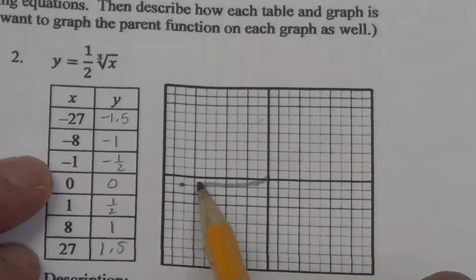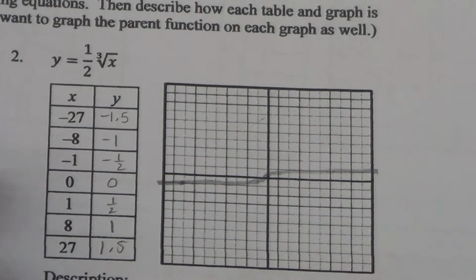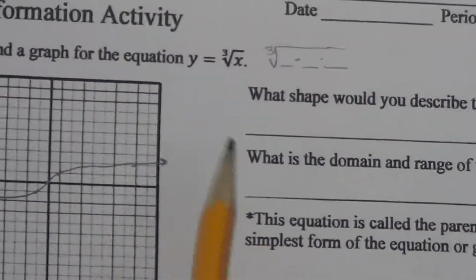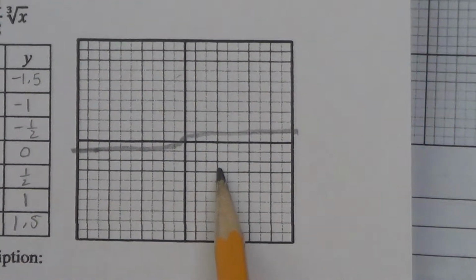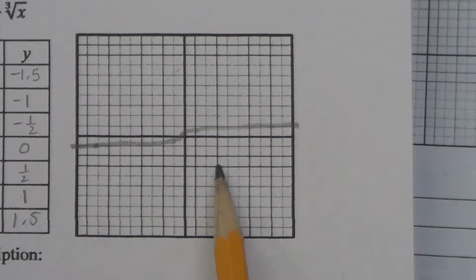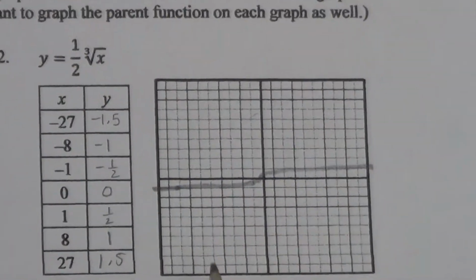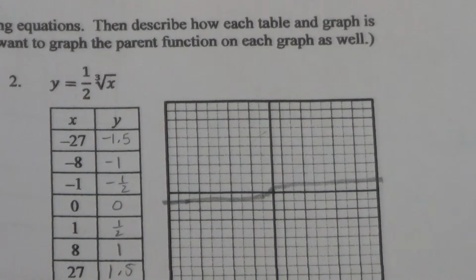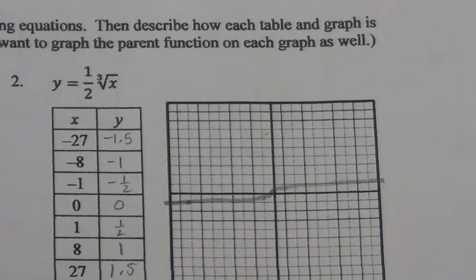So we get real close to that x-axis on both of those. So according to looking at your parent graph and looking at your graph here, you've shrunk the distance between the graph and the x-axis. So we say that's shrunk by 1/2.